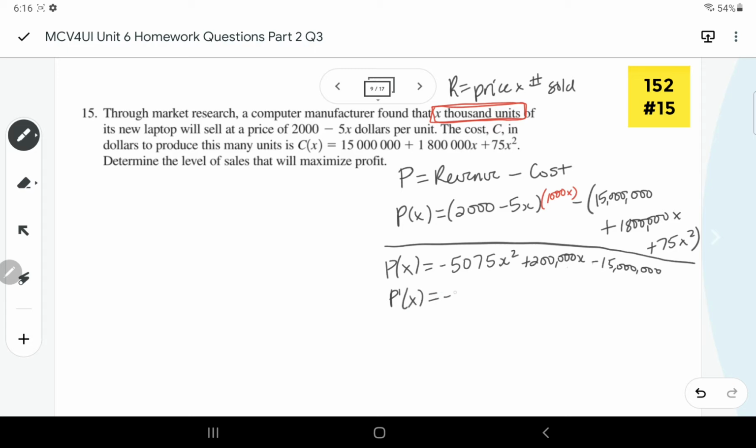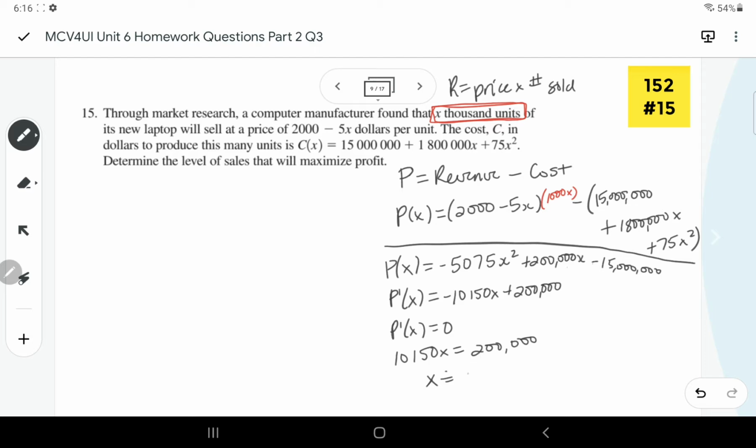The derivative is going to be negative 10,150x plus 200,000. So where I'm looking for the derivative equaling 0, I get 10,150x equals 200,000, which does not get me a negative number for x, which is great.